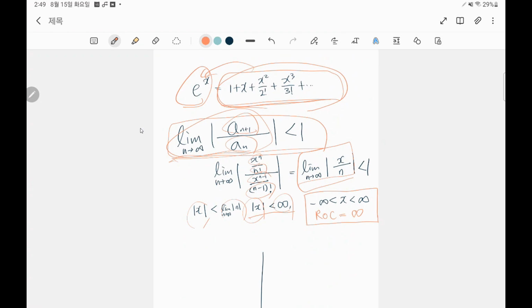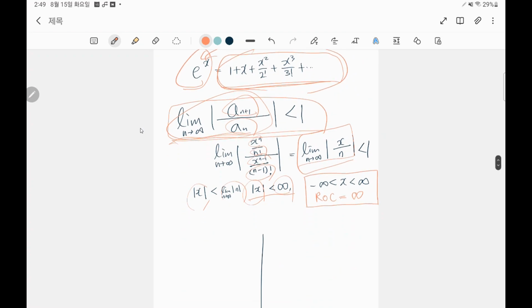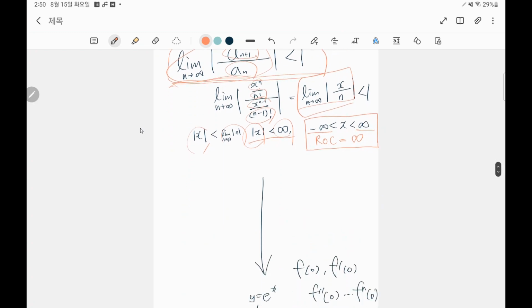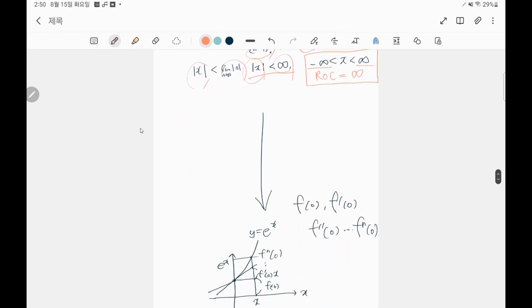So the radius of convergence, or the condition x has to satisfy for the Taylor series to converge to its original function, is just from minus infinity to infinity. So that's all finite numbers of x.